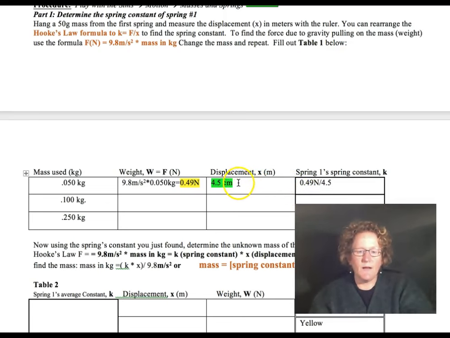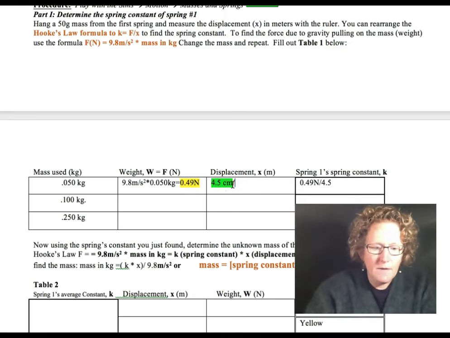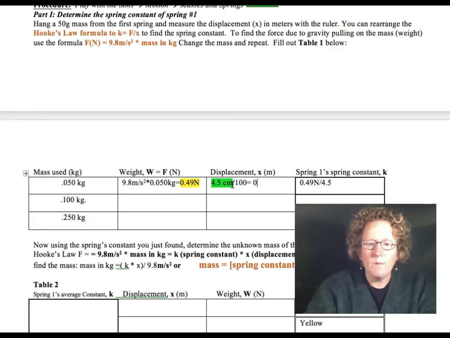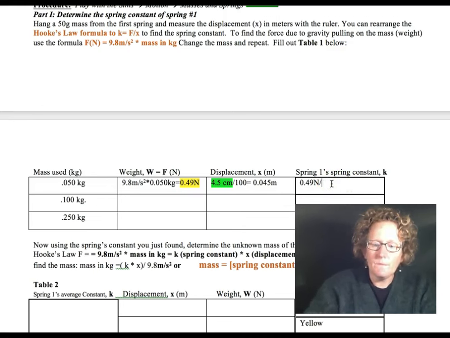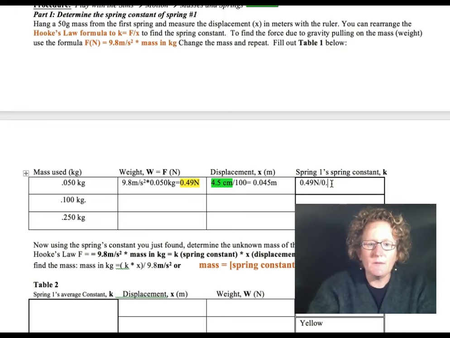So I need to divide 4.5 centimeters by 100, which is equal to 0.045 meters. So I converted it to meters because this is in meters per second squared, and we want those meters to cancel out.